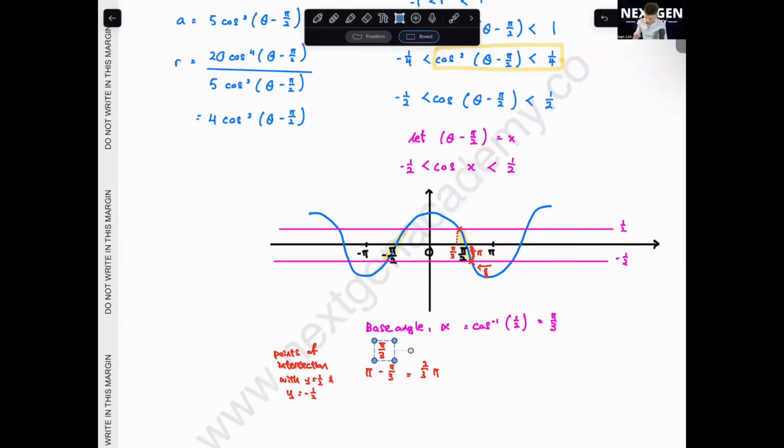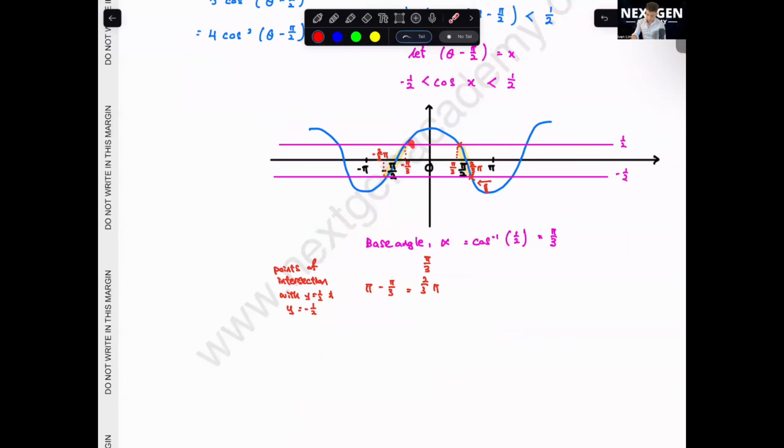Then the second one is 2 over 3 pi. The negative side also is symmetrical. So this part here will be negative pi over 3, then here will be negative 2 over 3 pi. So you get these 4 angles here.